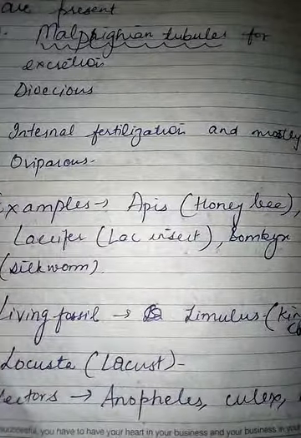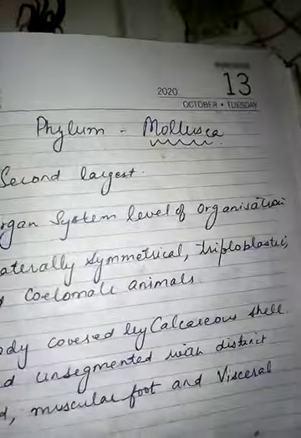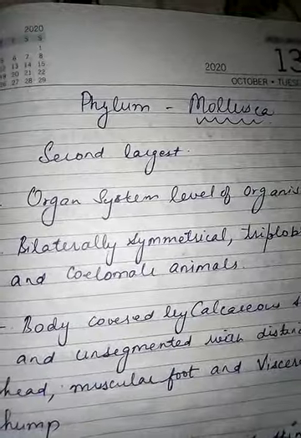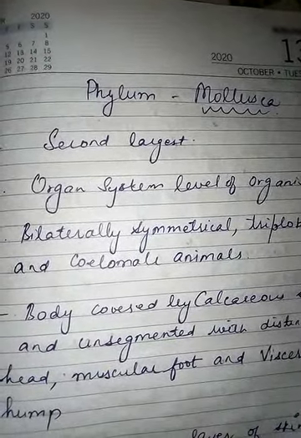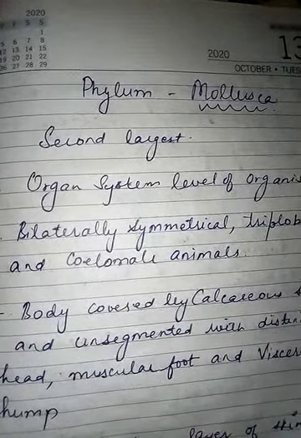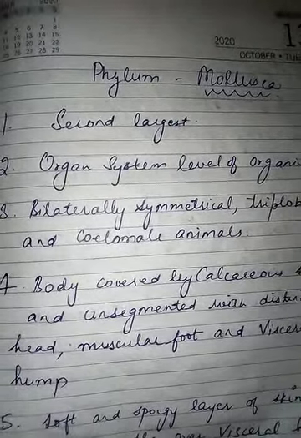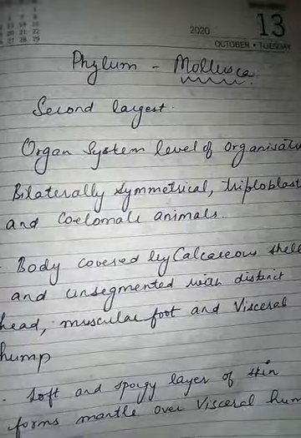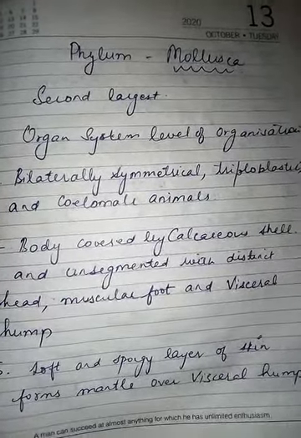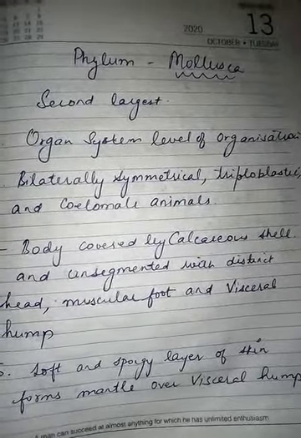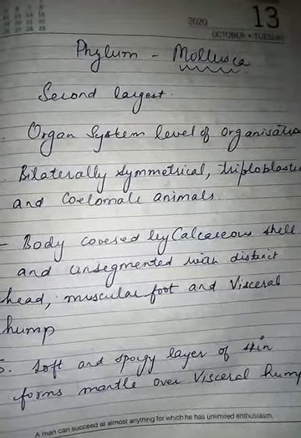Now comes Phylum Mollusca. Phylum Mollusca is second largest; the largest phylum is Arthropoda. They possess organ system level of organization, bilaterally symmetrical, triploblastic and coelomate animals.